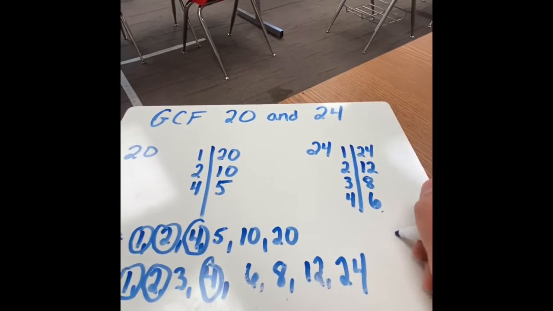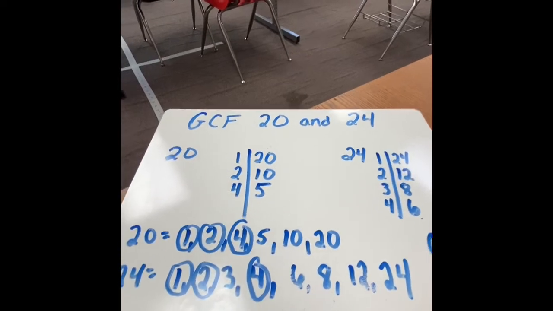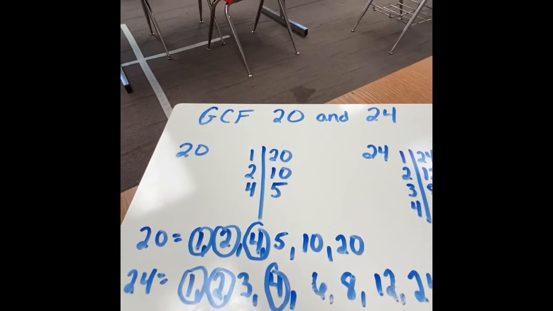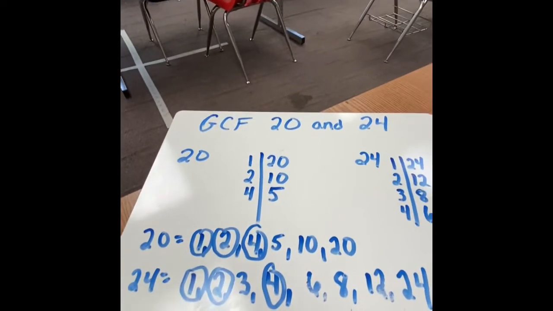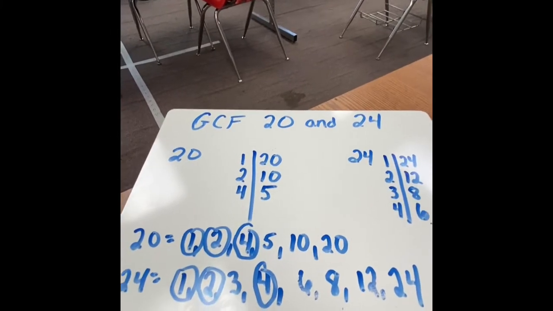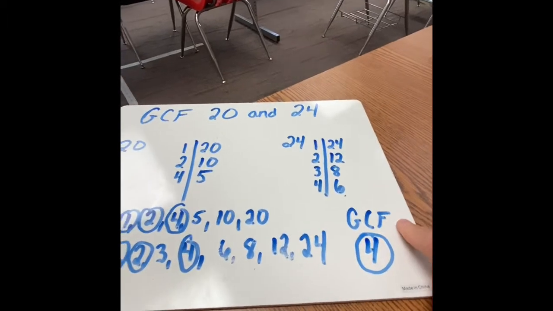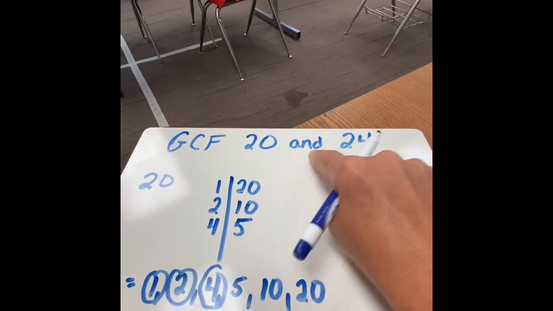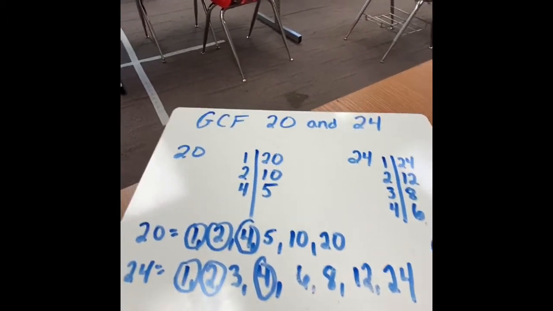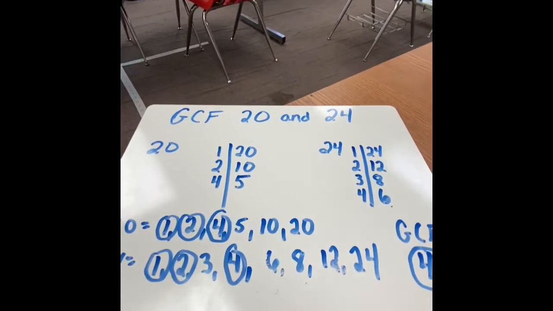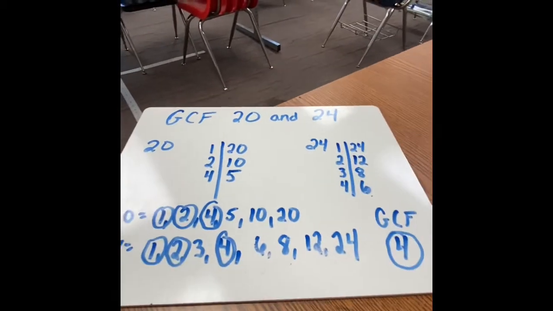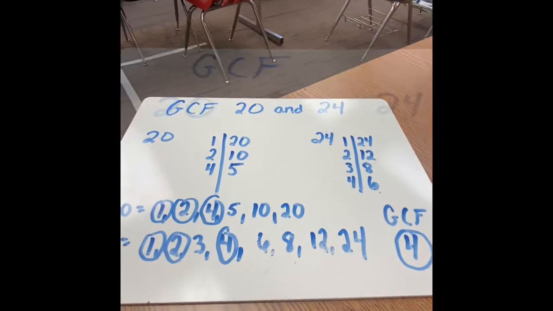So then the greatest common factor, well, which one of those numbers is the biggest? 1, 2, or 4? That's it, 4. So the GCF, the greatest common factor of 20 and 24, is 4. 4 goes into 20 5 times, and 4 goes into 24 6 times. So the GCF would be 4.